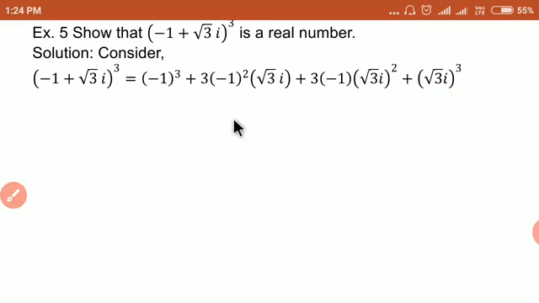Okay. Now we know the value of i square is minus 1 and i cube is minus i.